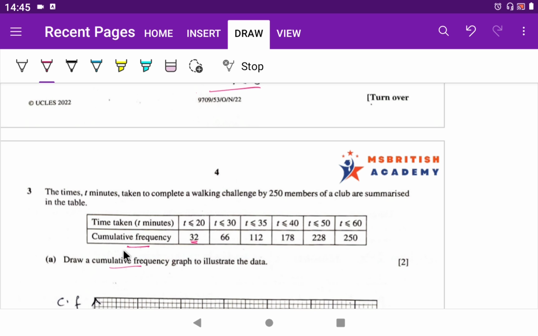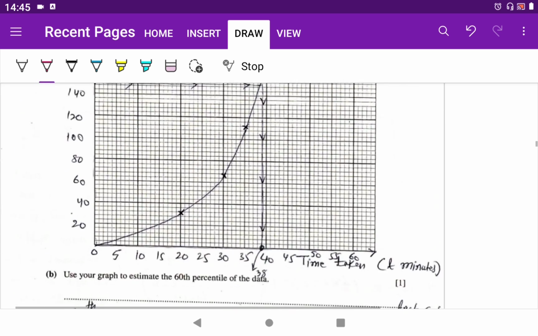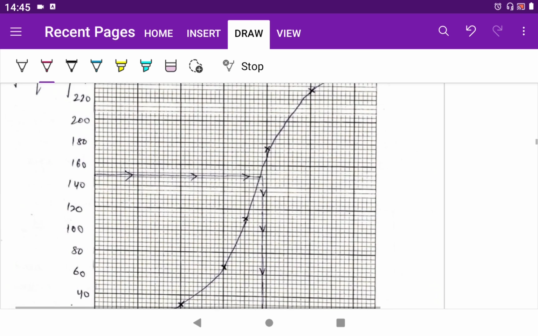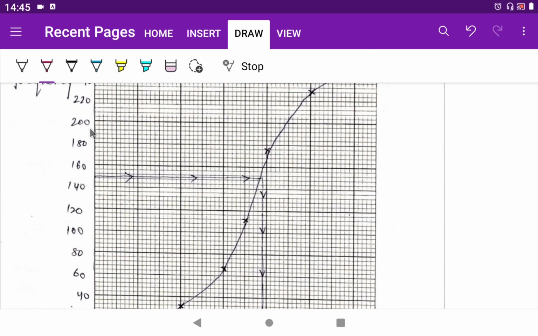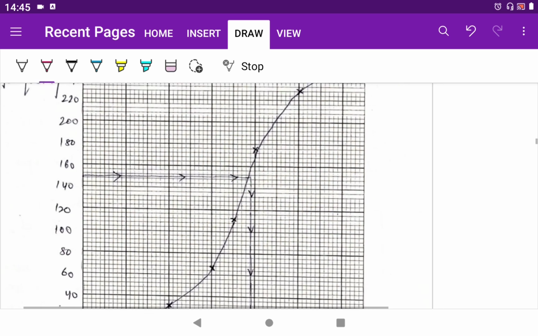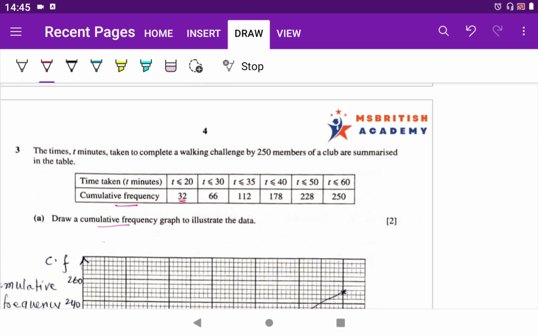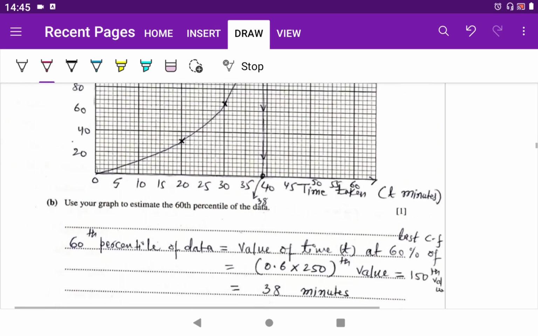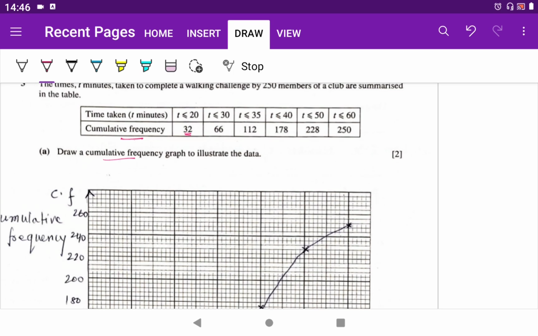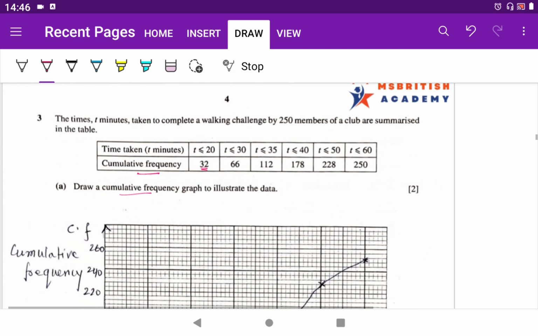And the cumulative frequency I have started from 0, 20, 40, 60, 80, 100, 120, 140, 160, till 250 we have to go.